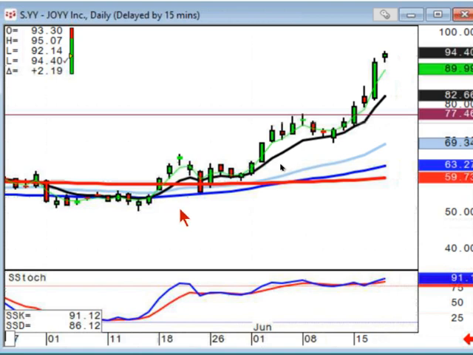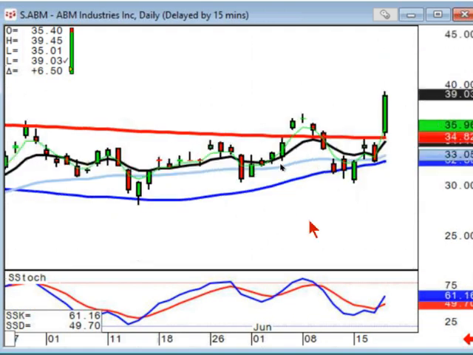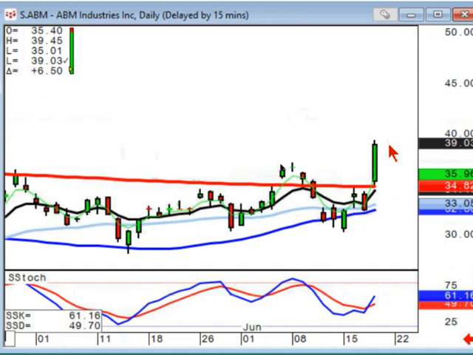If you would have entered at end of day but missed it, would you set a conditional a few cents above the close? That's usually what I look at. If I was recommending this tomorrow, I'd probably say, all right, it closed at 39.03. It was as high as 39.45.